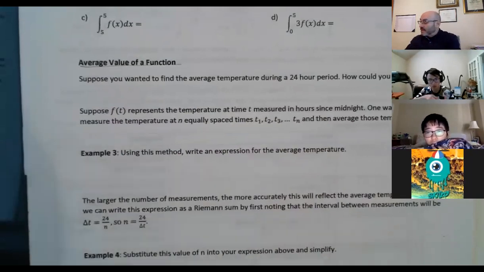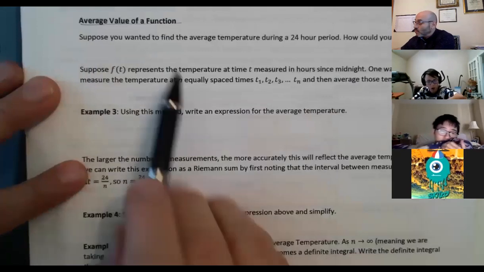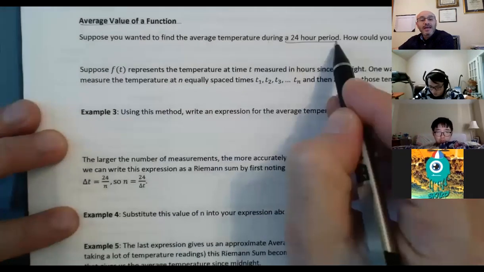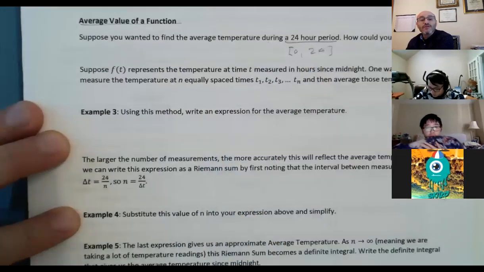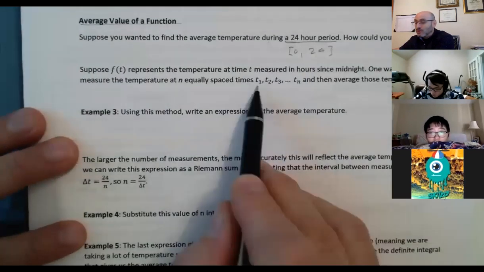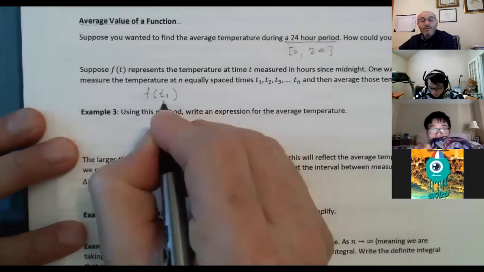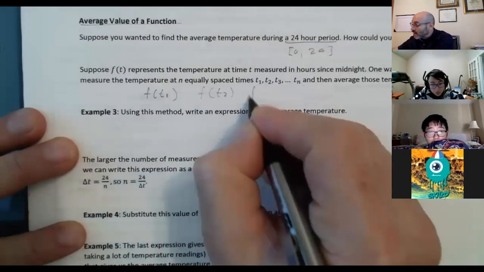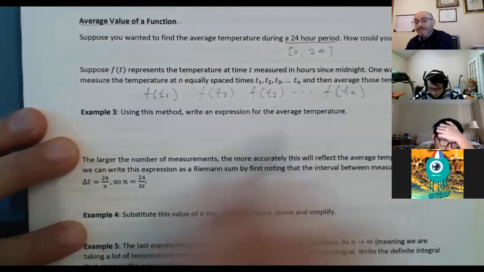Here will be similar. It says that in this example, if we want to find the average temperature during a 24-hour period, so in this case, they're telling me that the interval goes from 0 to 24, right? So what would you do? Then what you're gonna do is take the temperature at different times. So basically, you're gonna find out what the temperature is at time 1, what's the temperature at time 2, what's the temperature at time 3, until you get to the temperature at the last time that you're taking, right?